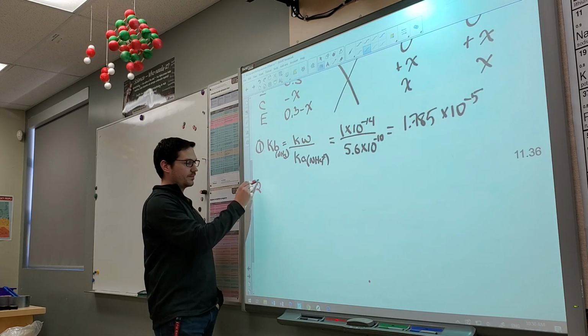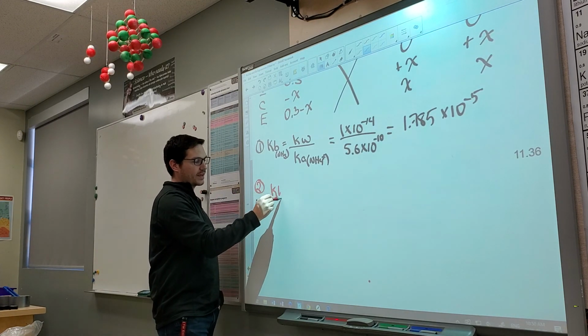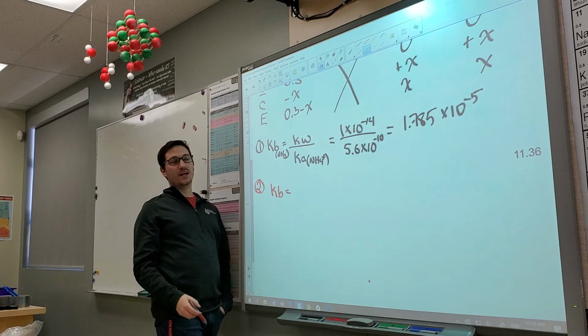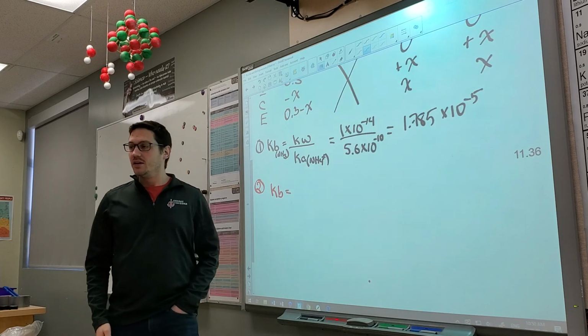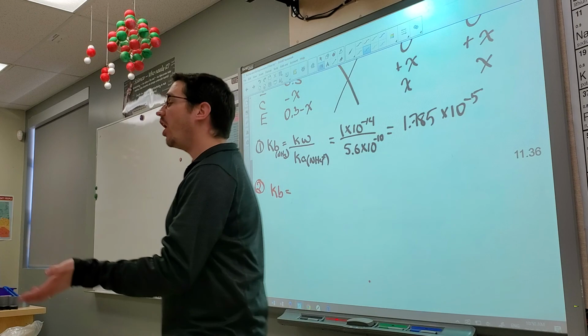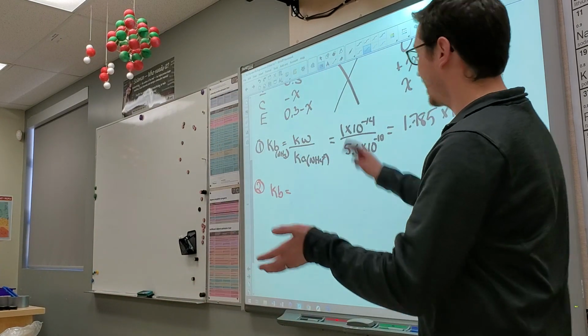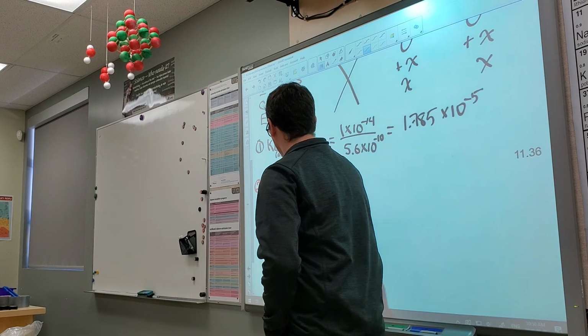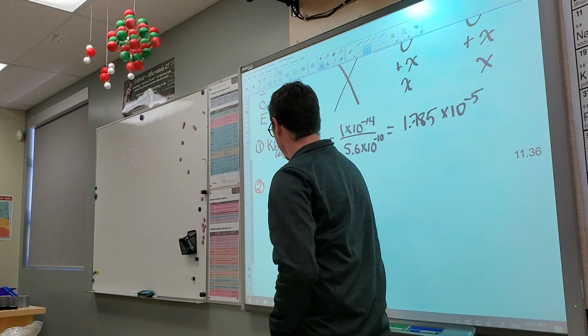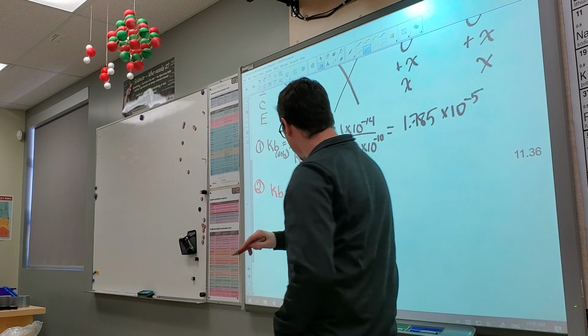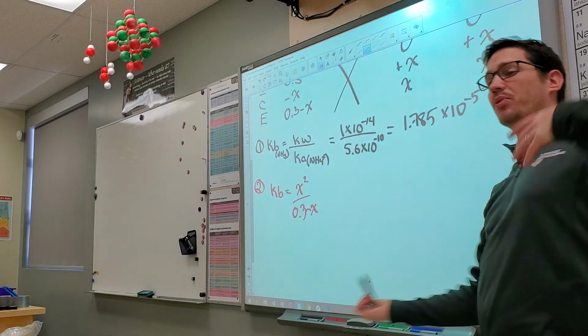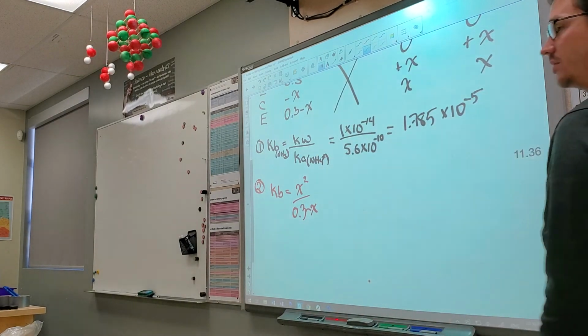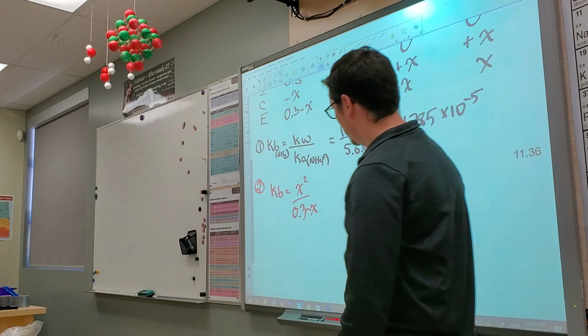Number 2. We know that the Kb for this particular reaction, K something, is always products over reactants. So products x squared over reactants, 0.3 minus x. Now what can we approximate this to be, Jaden? X squared over 0.3.